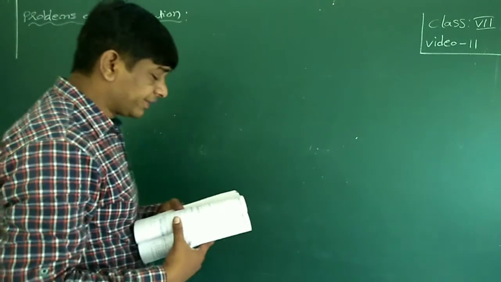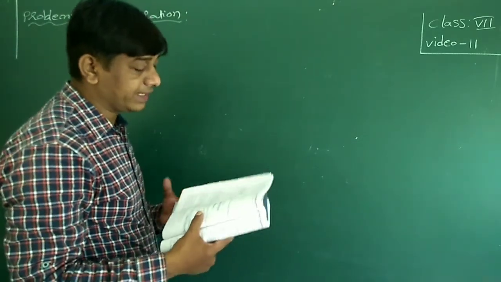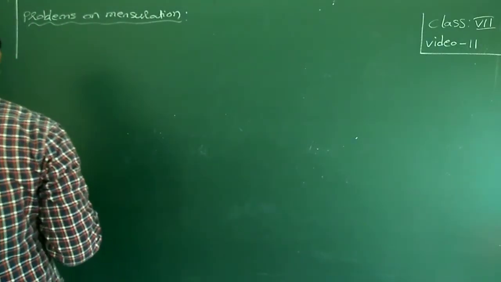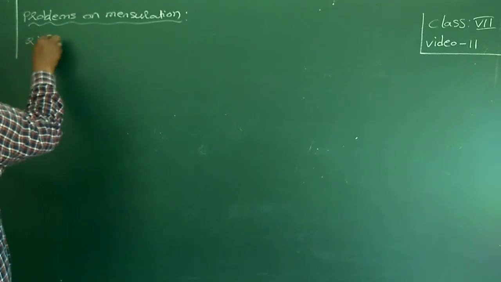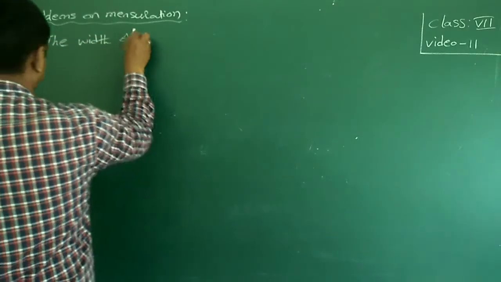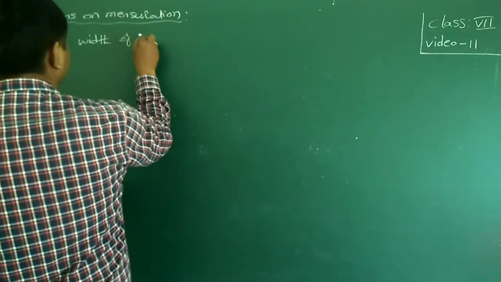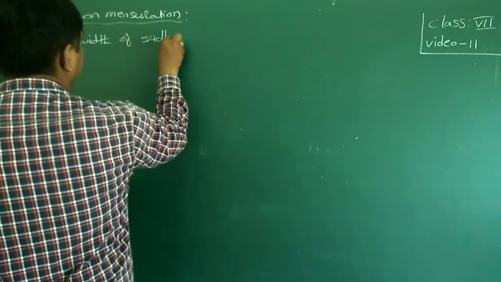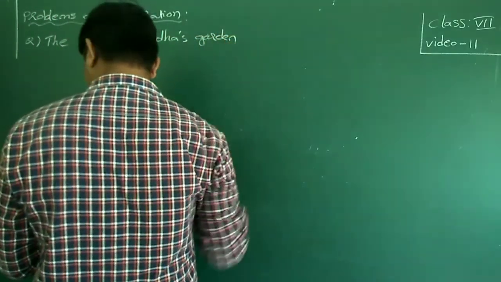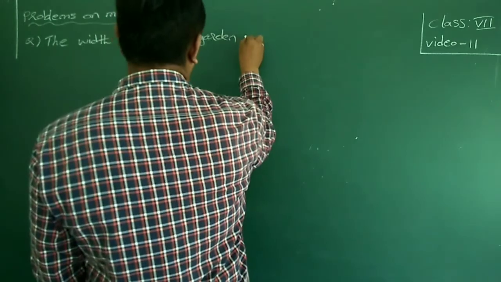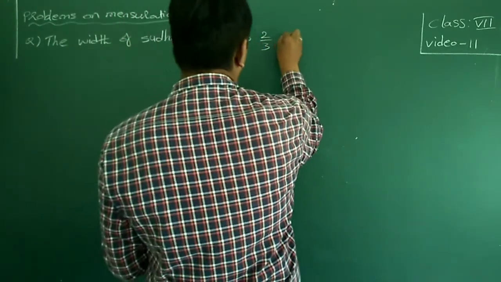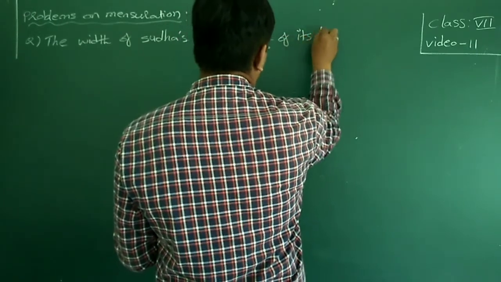The width of Sudha's garden is 2 by 3 of its length.